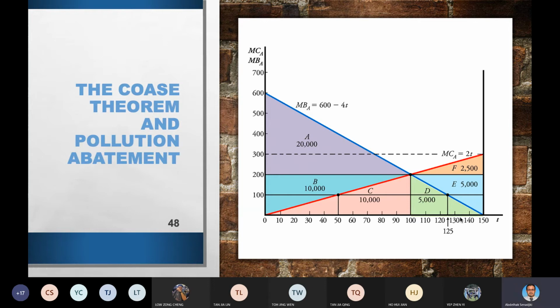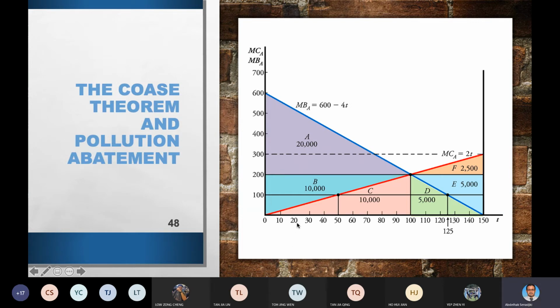So what happens now if the firm offers below 200? For example, you offer 100 per ton to reduce only 50. So here the community would permit the firm to dump only 25 tons. Why?